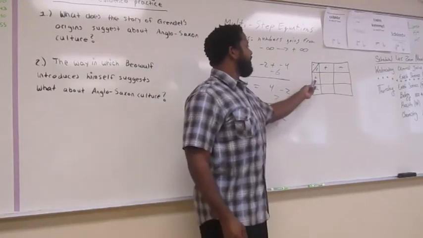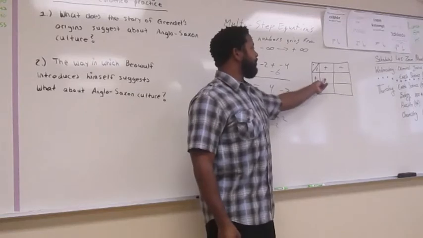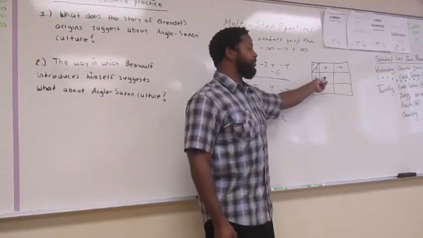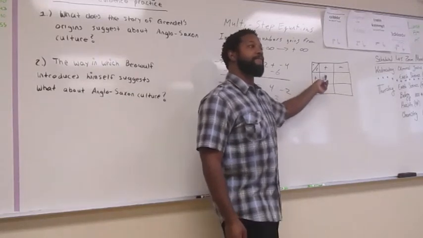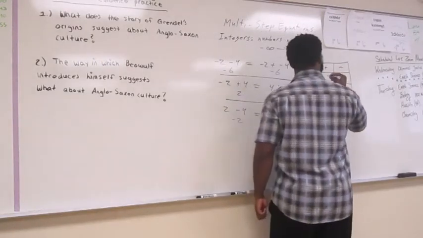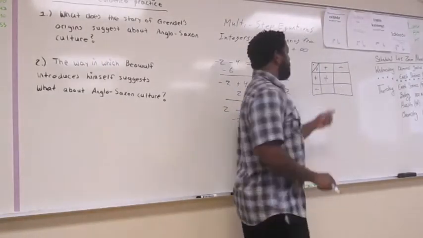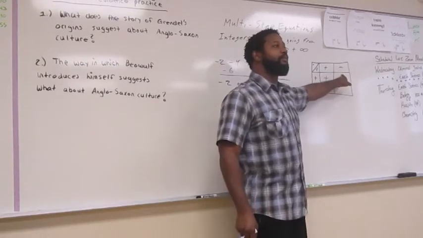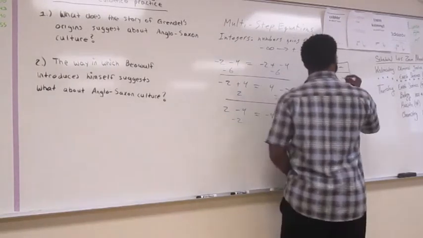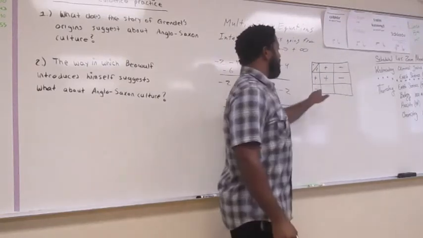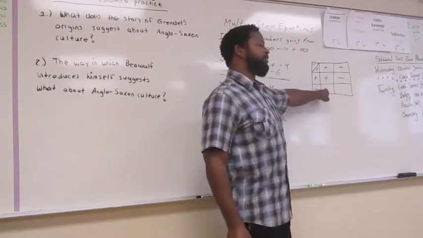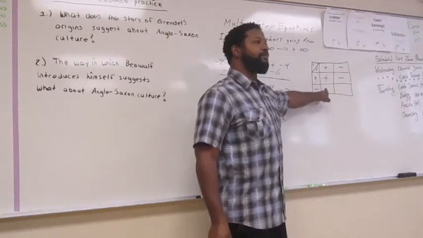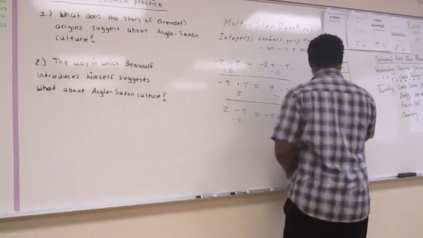When you have a positive that's multiplied or divided by a positive, what do you get? A positive. When you have a positive multiplied or divided by a negative, what do you get? Negative. A negative multiplied or divided by a positive is what? Negative.